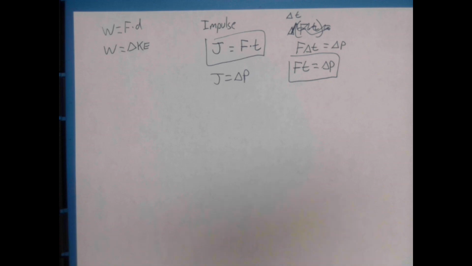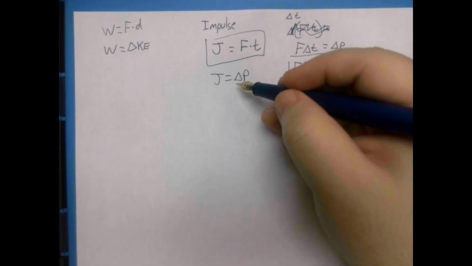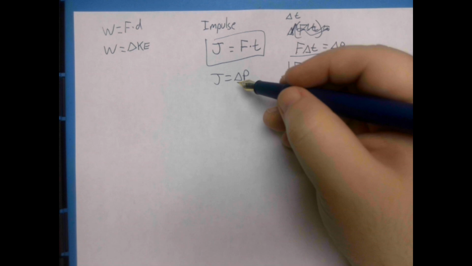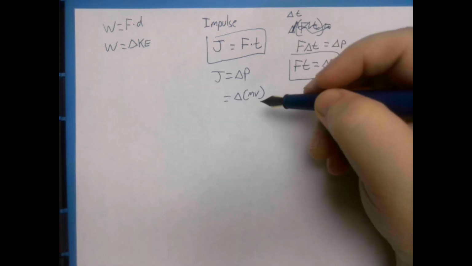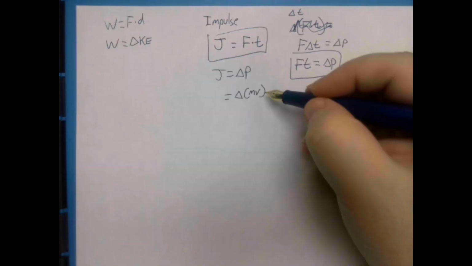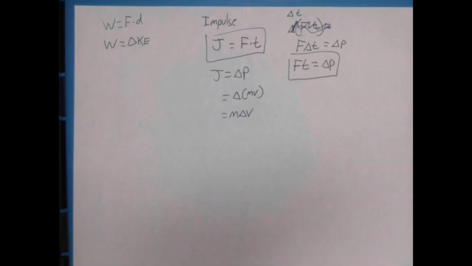Delta is what we use at the high school level. It means change in. To be more precise, we would use the derivative instead, which is way more advanced. But to show you little things you can do with delta: if I take the delta of mass times velocity, and mass is constant, you can pull it out, and it becomes mass times change in velocity.